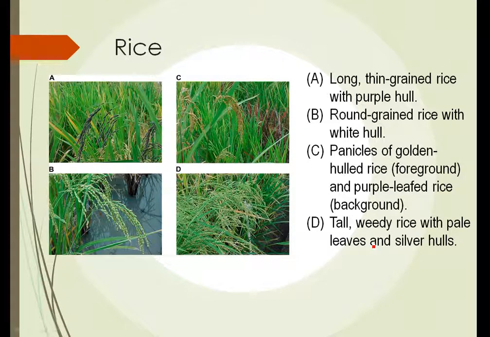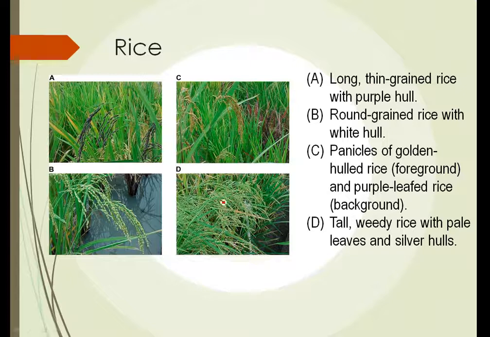There are different types of rice. You can see A is a long, thin-grained rice that has a purple hull. B, a rounder grained rice with a whitish hull. C, golden hulled rice, and you can see some purple leafed rice in the background.